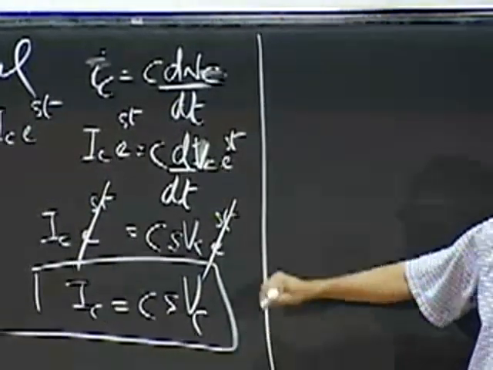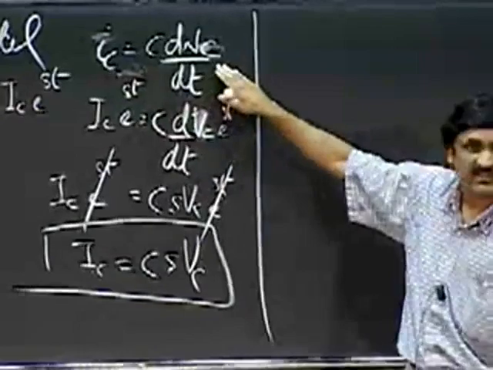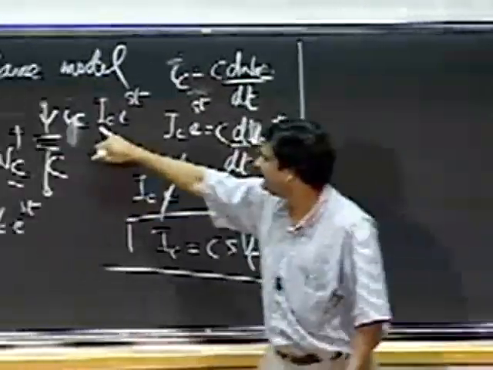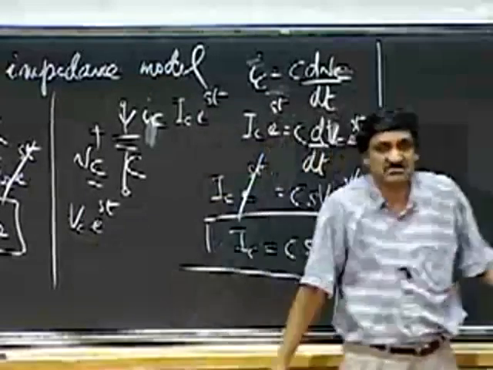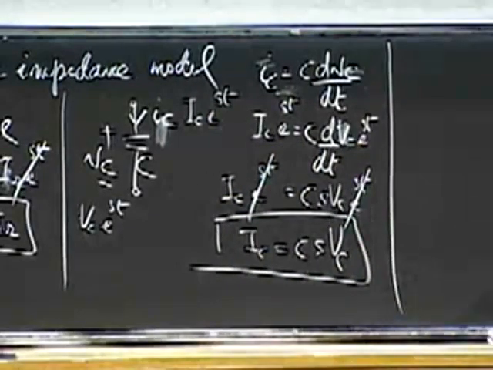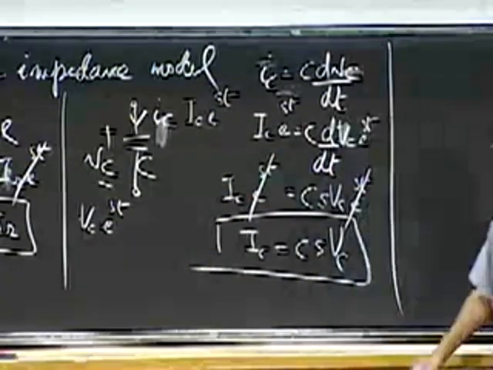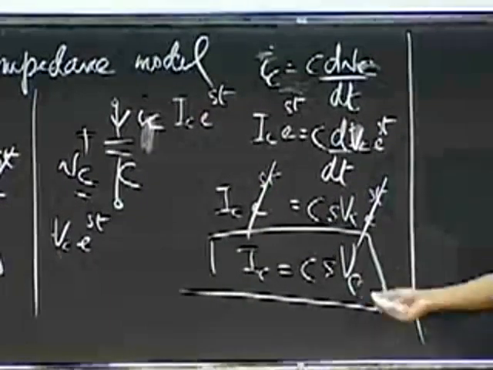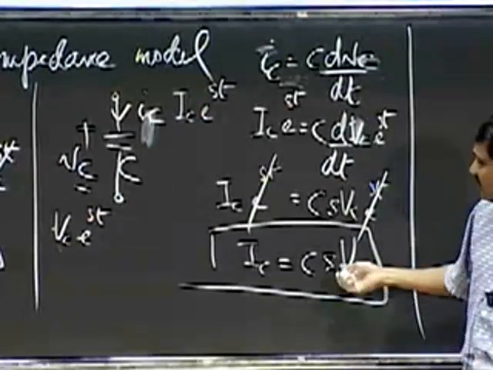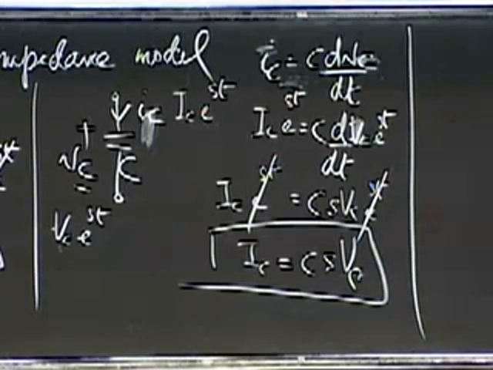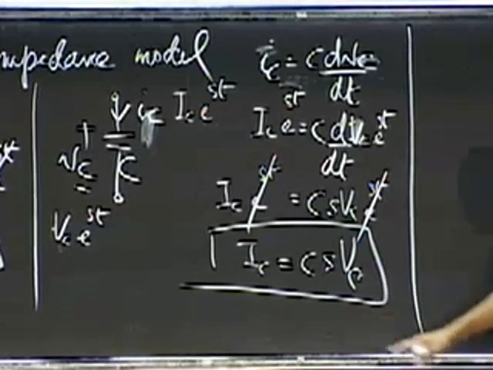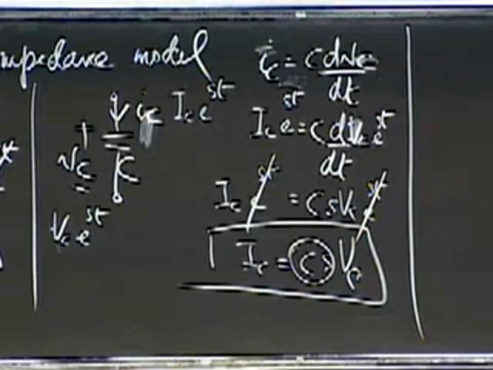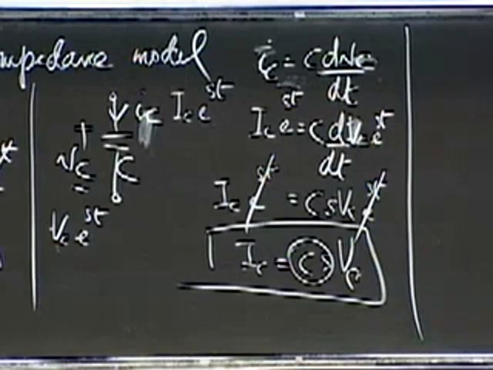Notice that in the time domain, IC equals C dVC/dt. It's the element law for the capacitor. So I said, let's use exponential drives, IC e to the st, VC e to the st, and try to find the relationship between the complex amplitudes. I plug them in, and what do I find? If my input is VC e to the st, then the current is simply given by something multiplied by VC.